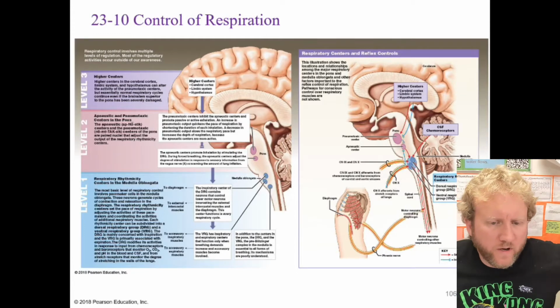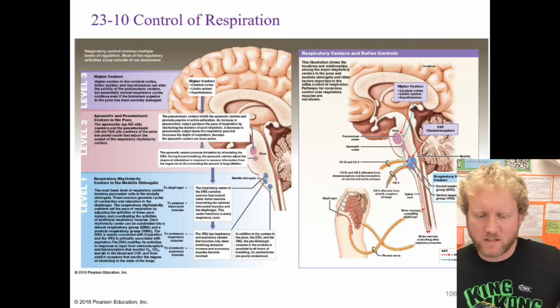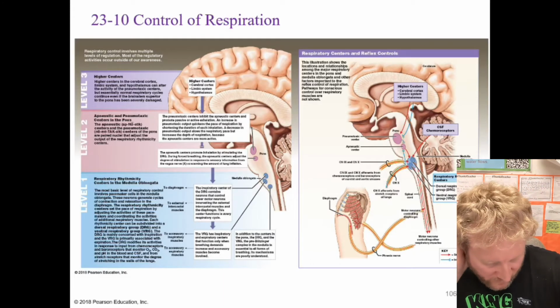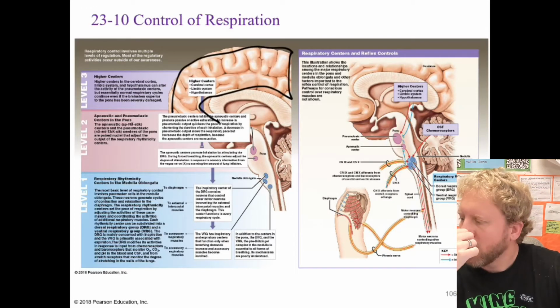All right, so there's a number of different places that the rate of respiration is controlled. There are voluntary centers in the cerebral cortex, which is this area right in here.